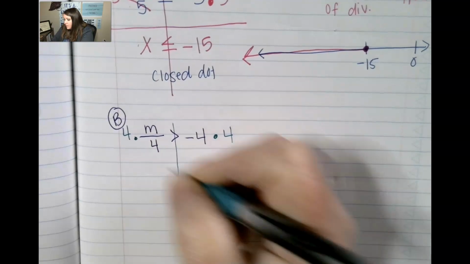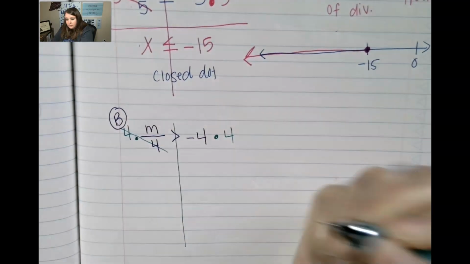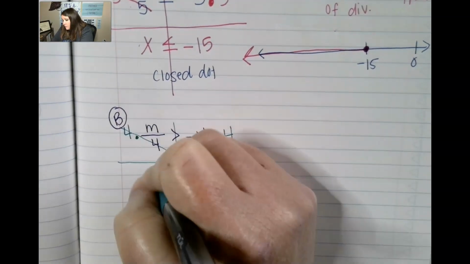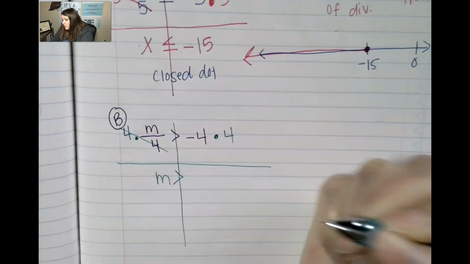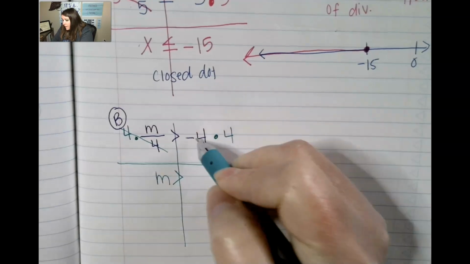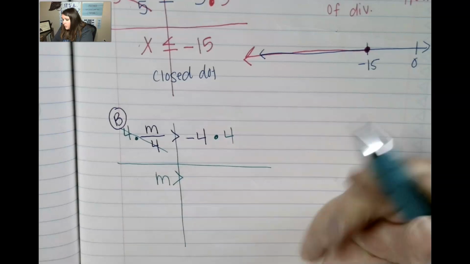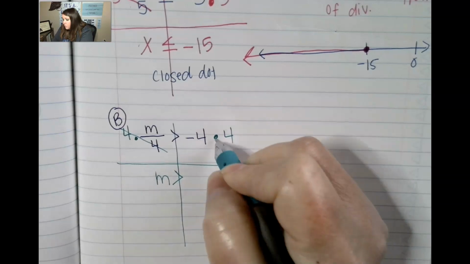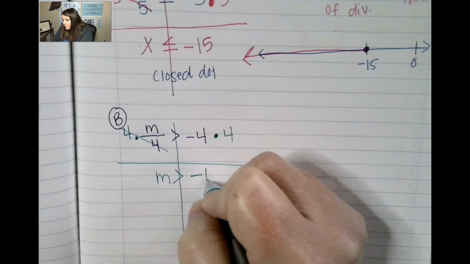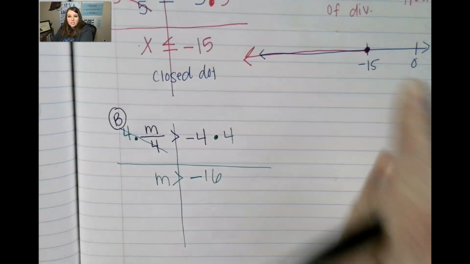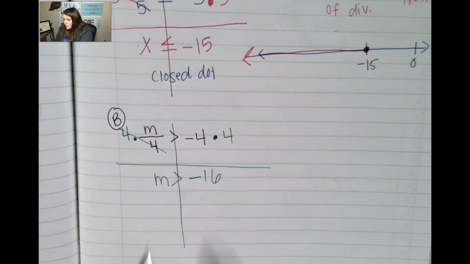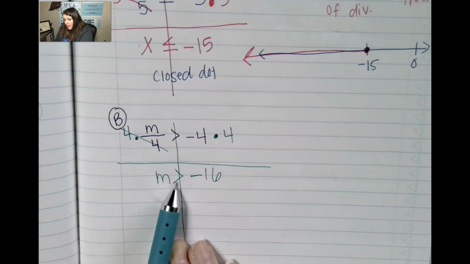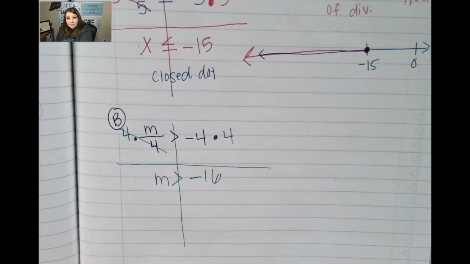So now I'm ready to solve. That goes away. This leaves us m is greater than -4 groups of 4. So -4 times 4 is -16. Oh my gosh, that's really close to this one. So m is greater than -16.